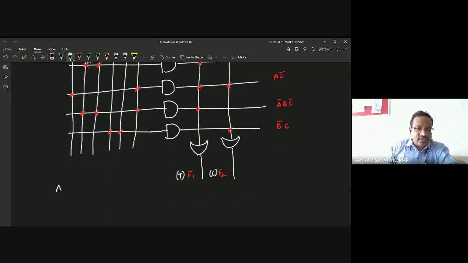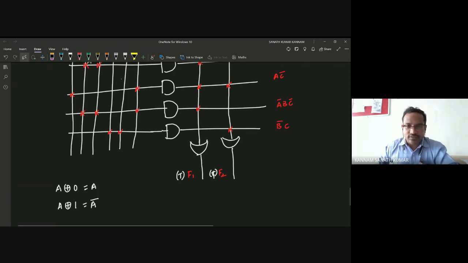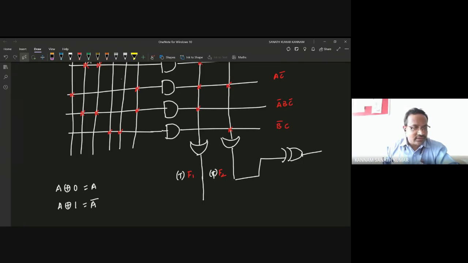Here you are getting both F1 and F2 in true form only. If you XOR with 0, you will get the same function itself. If you XOR any variable with 1, you get the complement of that. So whatever outputs you got, you connect again to the XOR gate.